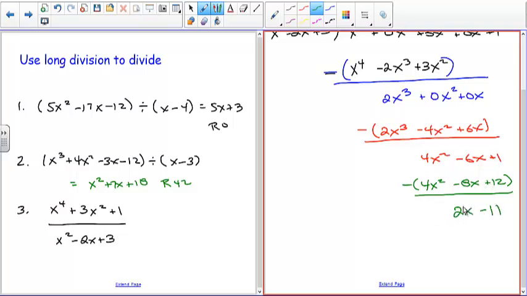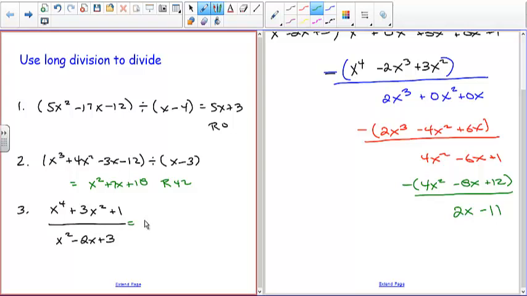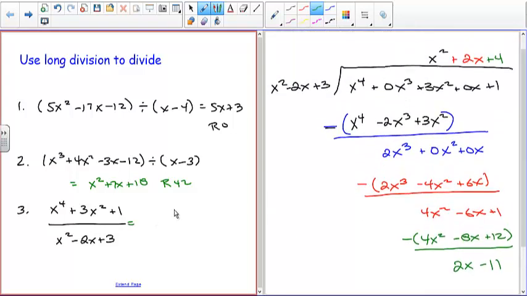So because we're dividing x to the 4th by x squared, we don't have a single number left. We did get one here, but that's just because we just had a single number left. In this case we don't. So what we can say here is it's going to be x squared plus 2x plus 4 with a remainder of 2x minus 11.